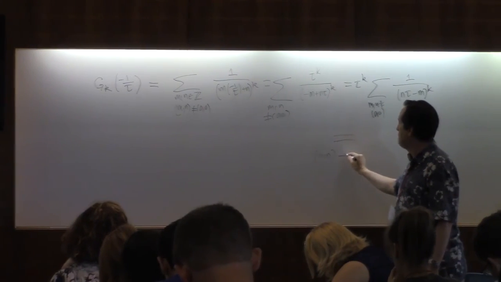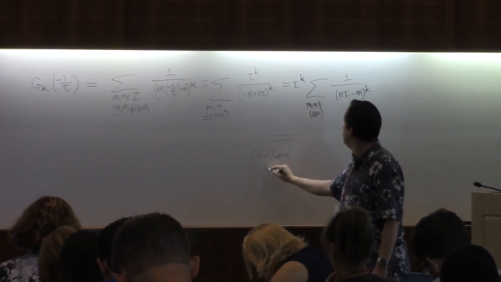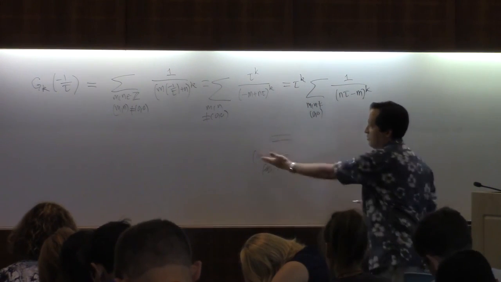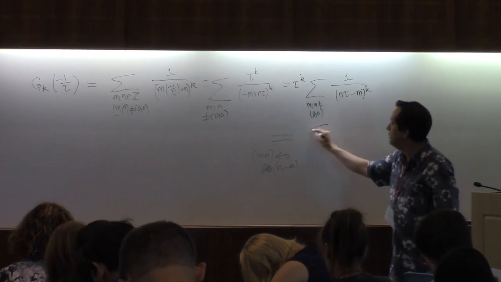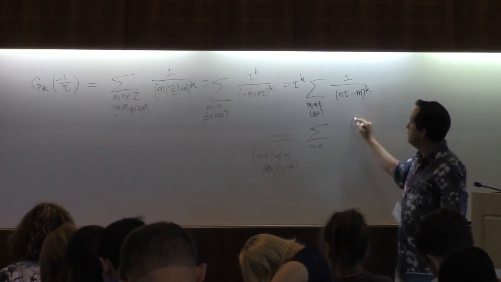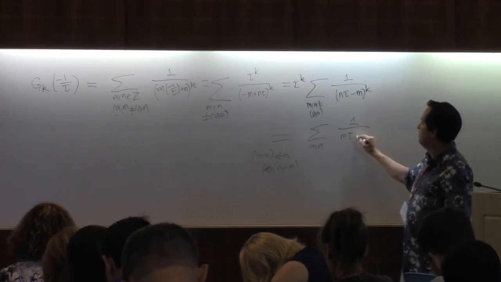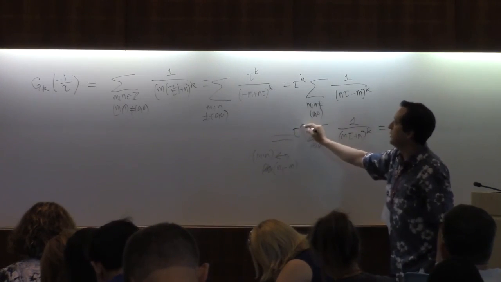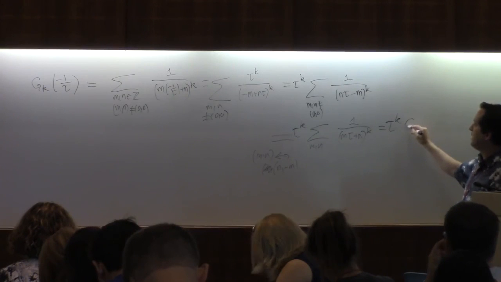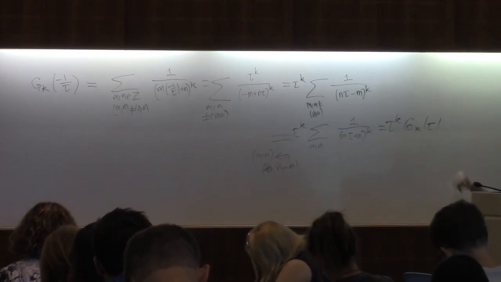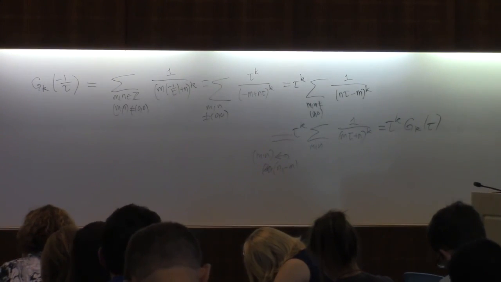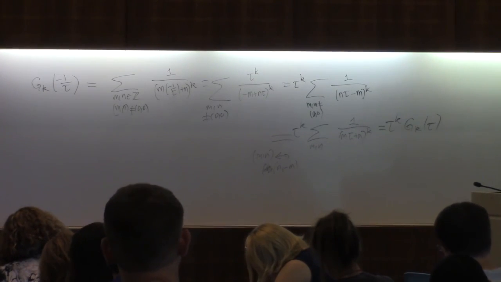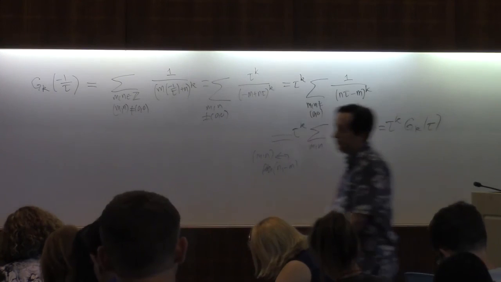And so just by swapping the pair m, n with the pair n, minus m, again, not 0, 0 is the same as not 0, 0. We can just rewrite this. It's just the order of the summation doesn't matter. Whoops, forgot my factor there. And we get our Eisenstein series back with this extra factor of tau to the k. Okay? So this has given us an example of a modular form.